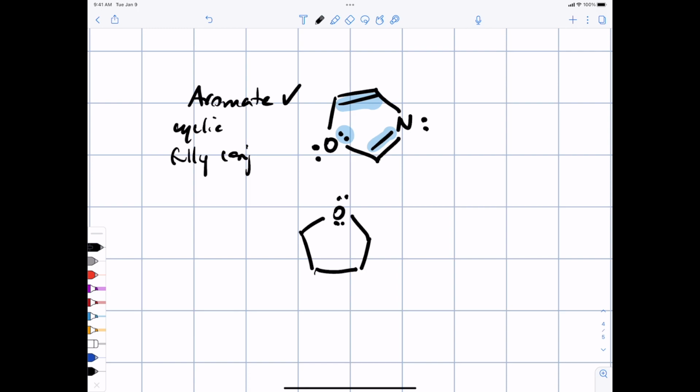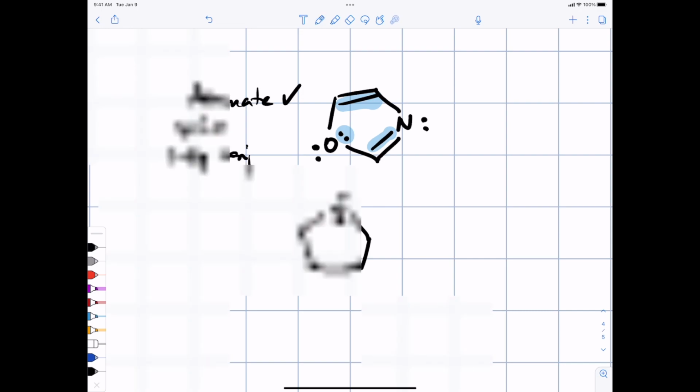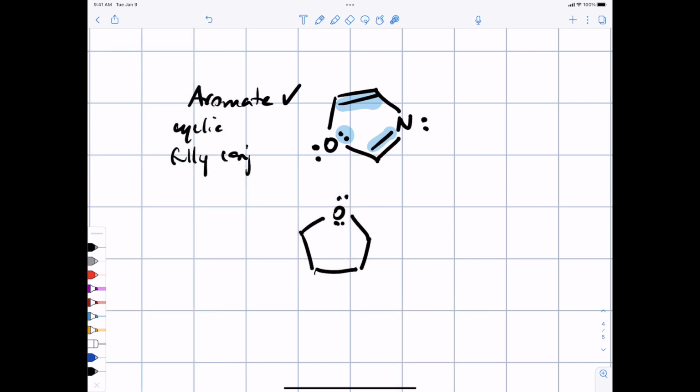Being sp2 hybridized when you're adjacent to a pi bond allows for resonance stabilization. Okay, so yes, this has 6 pi electrons, and that satisfies our 4n plus 2 rule. So with oxygen, a maximum of 1 lone pair can be involved in the pi system.